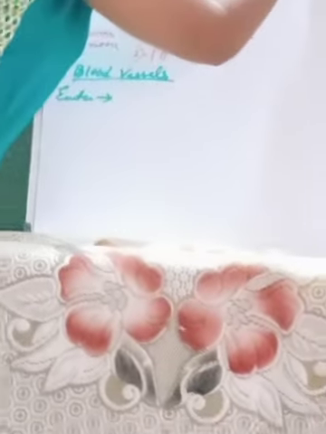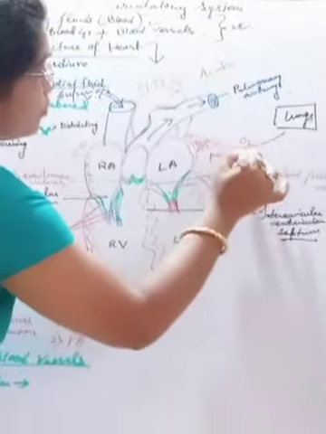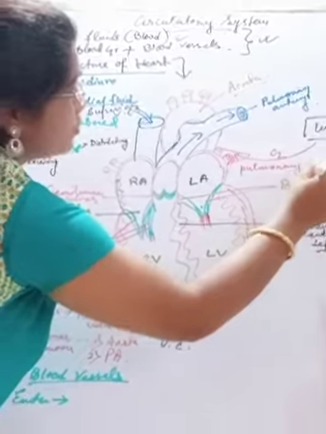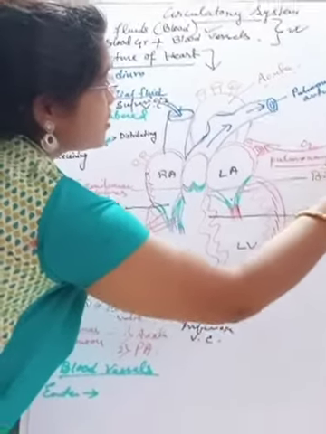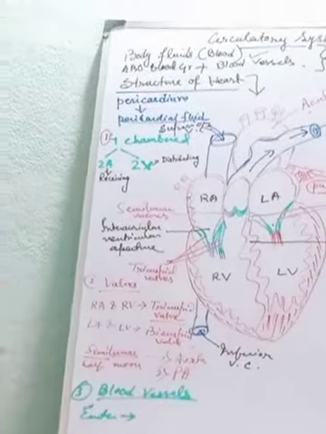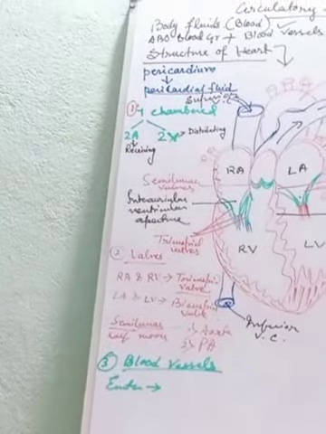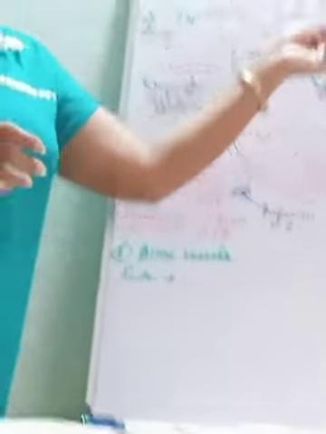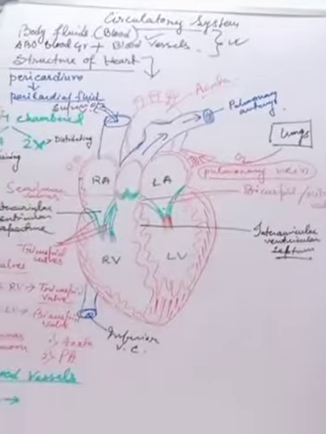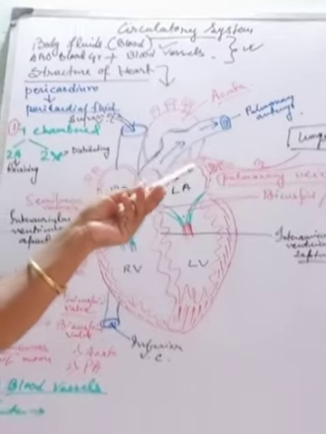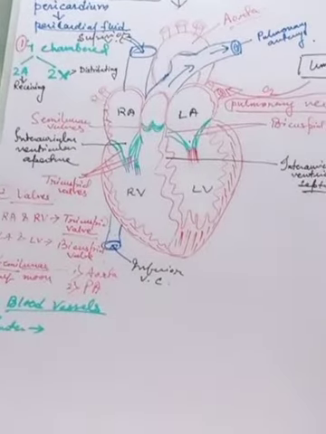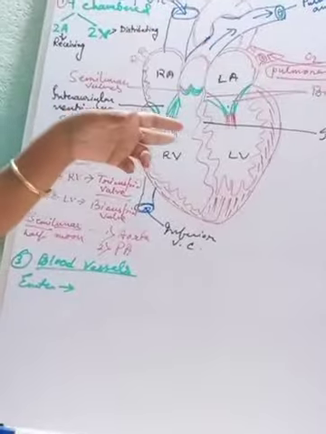These two are my pulmonary veins. As we know, the function of the pulmonary vein is just like the artery. So they carry oxygenated blood from the lungs after purification to the left auricle. So they are also entering into the heart. So they are my entering blood vessels.